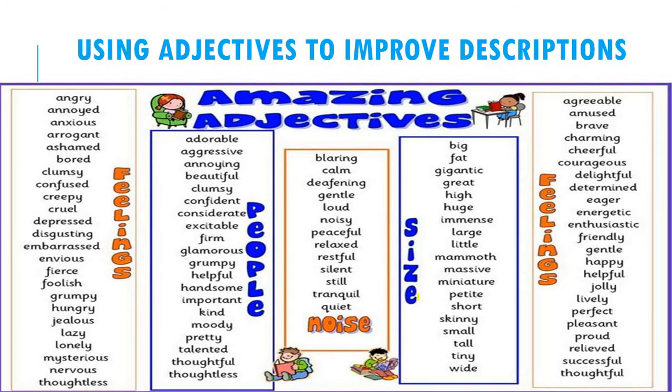Most importantly, at the CSEC level, we need to remember that when we're using our adjectives, there are synonyms for these adjectives that might be more appropriate to be used. For example, instead of saying something is big, we can say it's gigantic, it's immense, it's mammoth or massive. All of these words are synonyms for the word big.